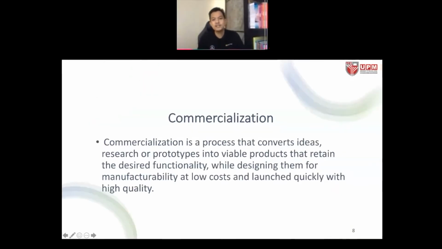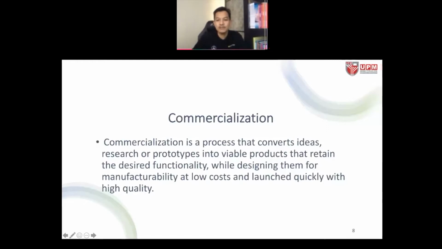Commercialization is a process that converts ideas, research or prototypes into viable products that retain the desired functionality, while designing them for manufacturability at low cost, and launching quickly with high quality.